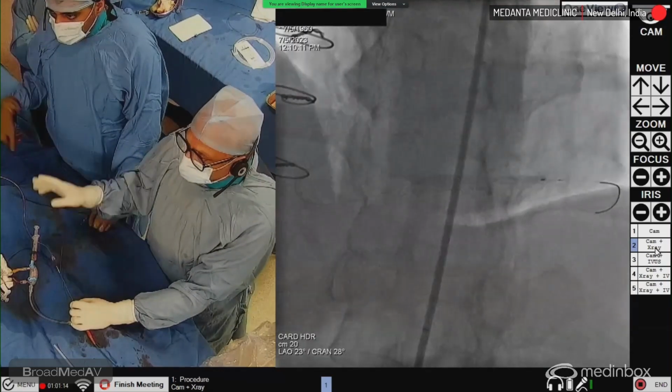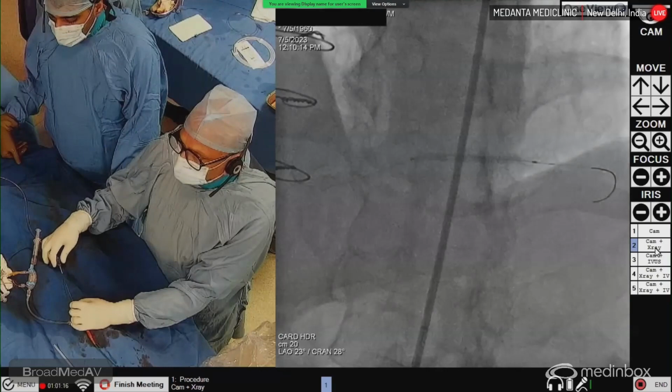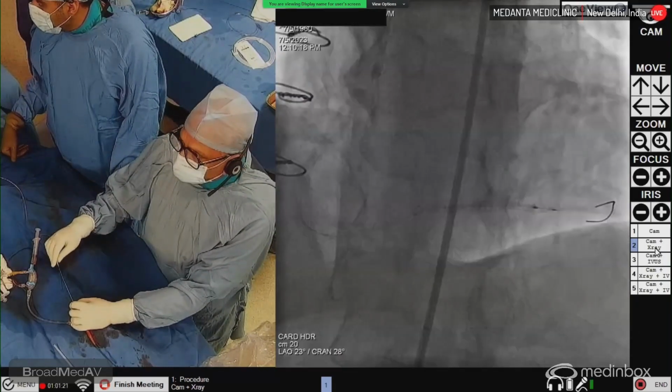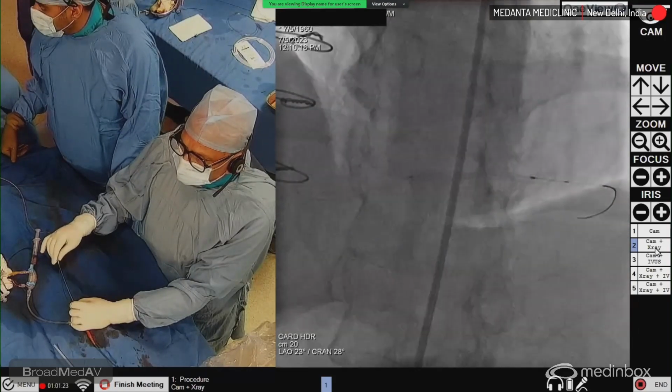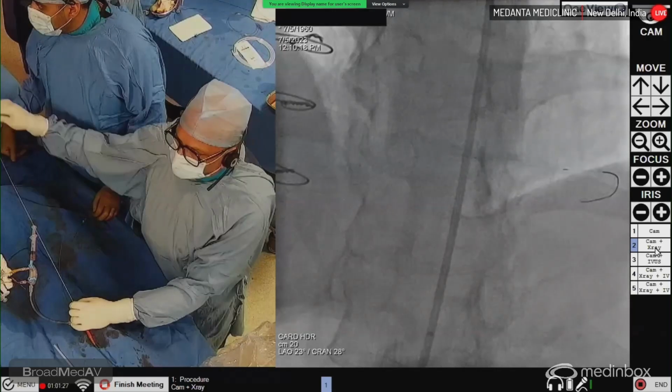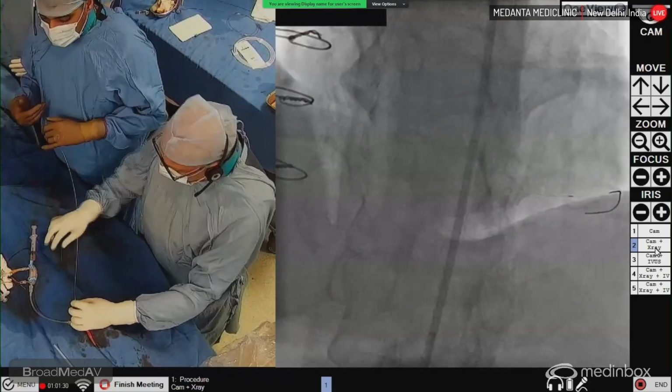Maybe we'll have to do some more dilatations. Deflate, please. And take a 2.75. What was the proximal vessel size? 3 or 2.75? Okay. Proximal.